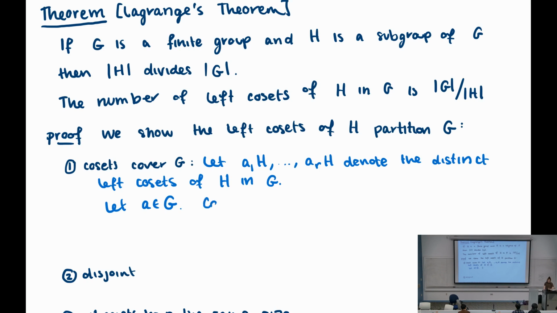So consider the coset aH. It is among the ones that we've listed because this is supposed to be a complete list of the cosets. So we have aH is equal to a_iH for some i.